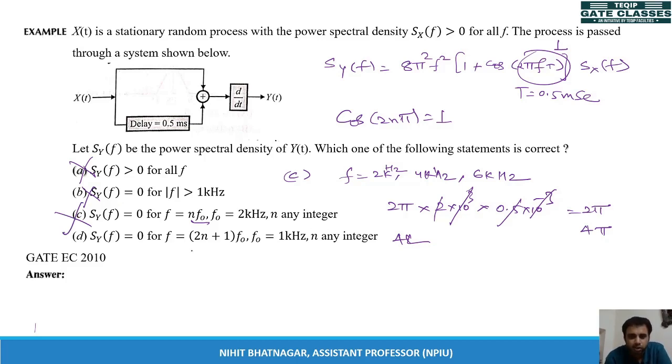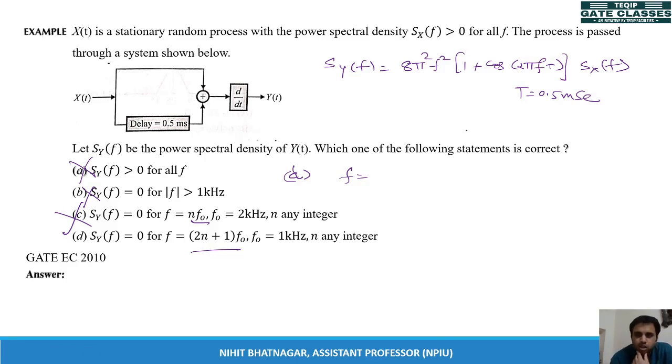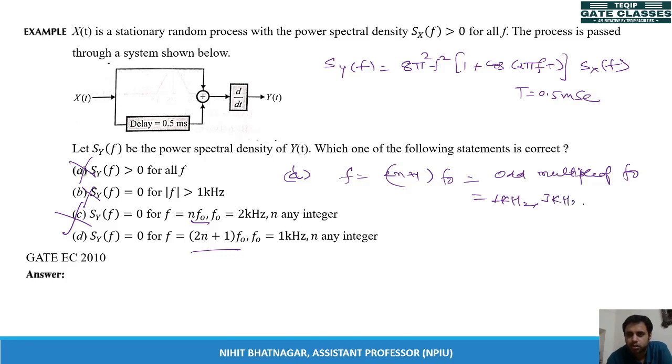Now, according to this, 2n plus 1 is an odd multiple of f0, where f0 is equal to 1 kilohertz. Now let's take option D. Take f equal to (2n+1) times f0, an odd multiple of f0, where f0 is 1 kilohertz, so it becomes 1 kilohertz, then 3 kilohertz, then 5 kilohertz, and so on.